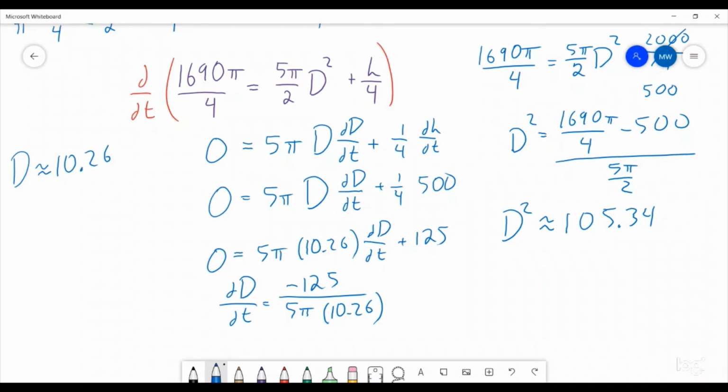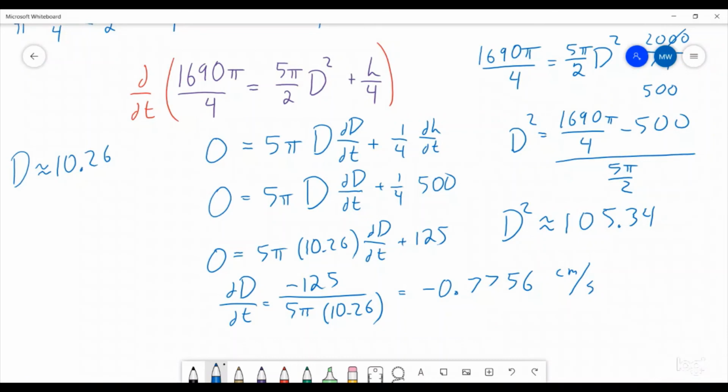Let's figure out what that is. Minus 125 divided by 5 times pi times 10.26. That is negative 0.7756 centimeters per second.